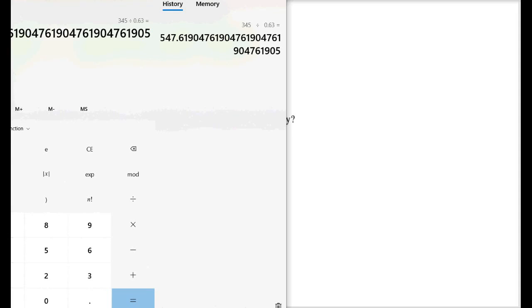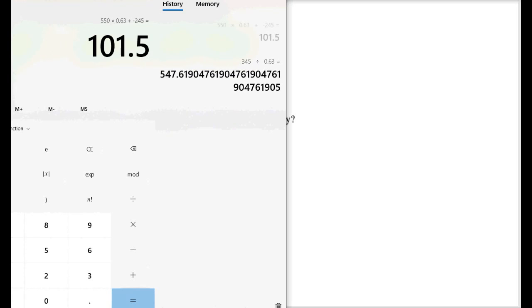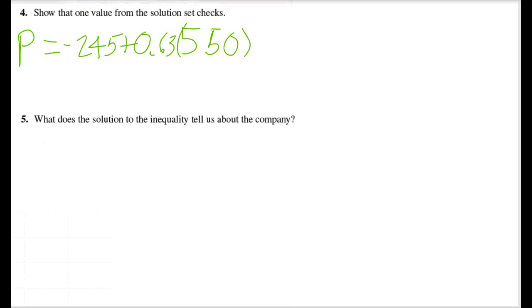So I go back to my calculator, 550 times 0.63 plus 245, and I will push the negative button, and then I push the equals. I get $101.50.